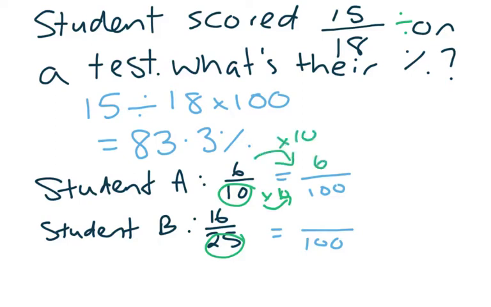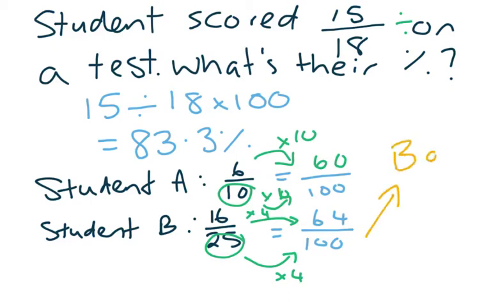So that one there's 60, and then 25 goes into 100 4 times, so we have to multiply by 4 here, and 16 times 4 is 64. Okay, so we can then say student B got a better score, even though to start with it didn't look like it.